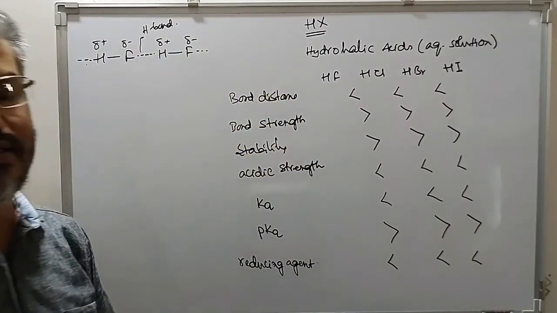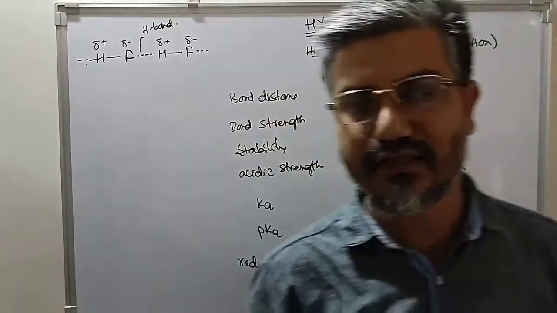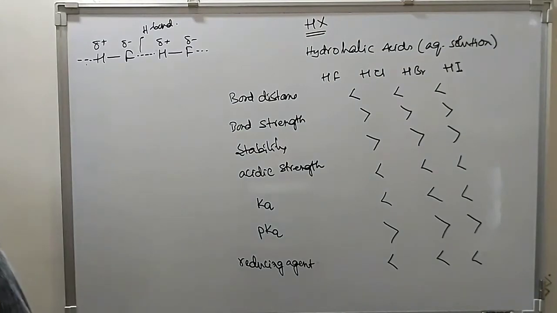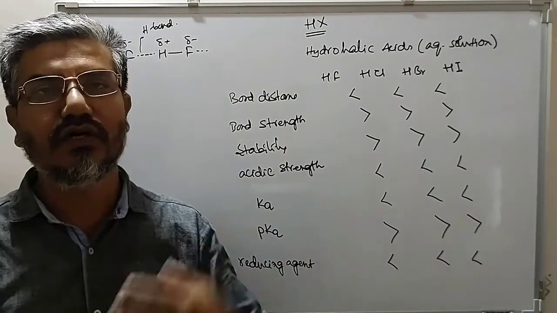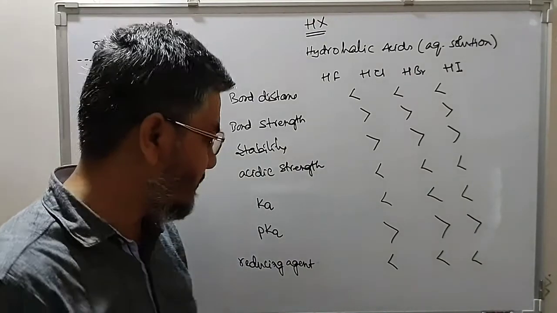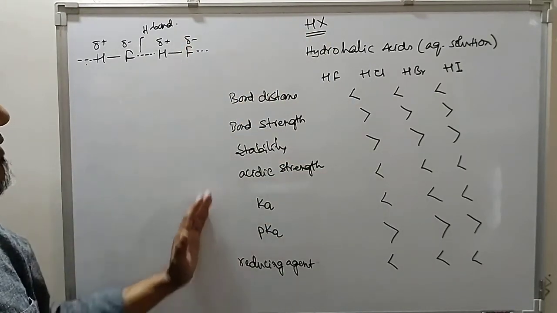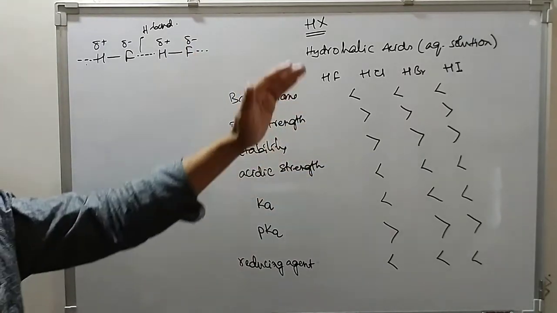So I minus is the strongest reducing agent, whereas F minus does not show any reducing property. Fluorine being the strongest oxidizing agent, F minus is the weakest reducing agent. I2 being the least oxidizing agent, I minus becomes the strongest or the most powerful reducing agent. So this is a comparison in the properties of different hydrohalic acids, that is aqueous solution of HX.